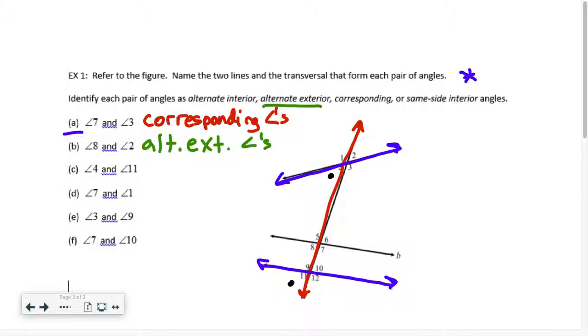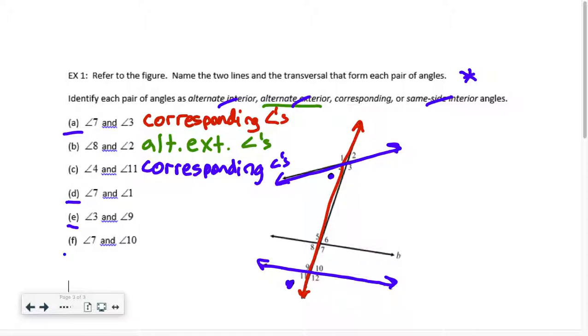So if we look at transversal D intersecting A and C here, again, they're not both interior, they're not both exterior, so that really eliminates those 3. Alternate interior can't possibly be those. And again, 4 there is in the bottom left of its intersection. 11 is in the bottom left, so that would be a pair of corresponding angles. Okay?